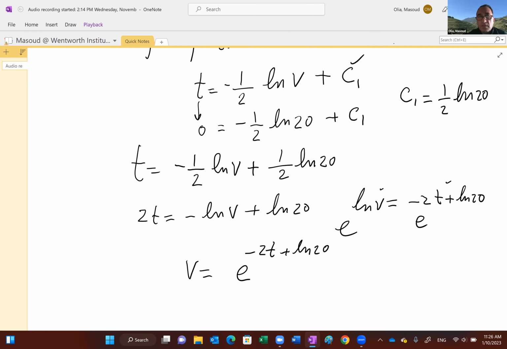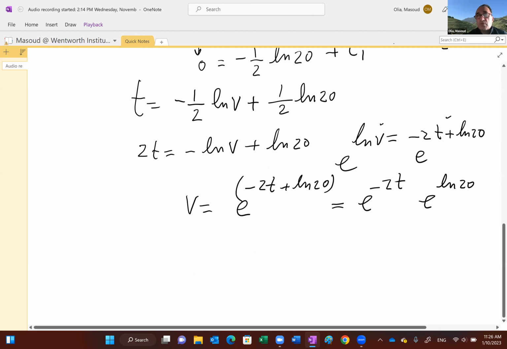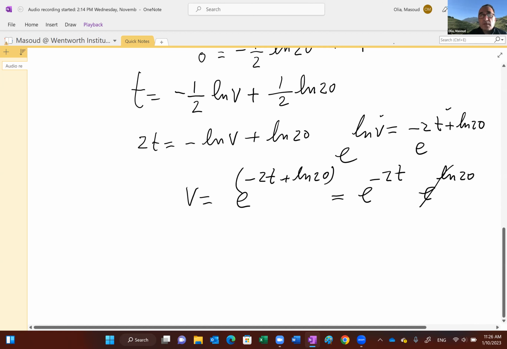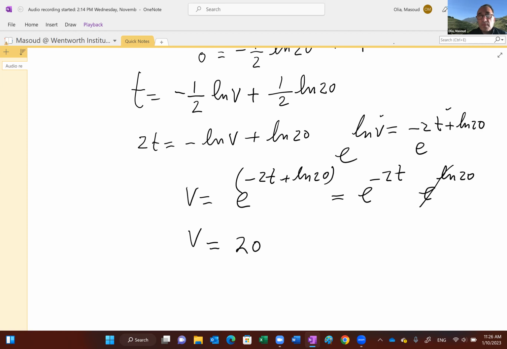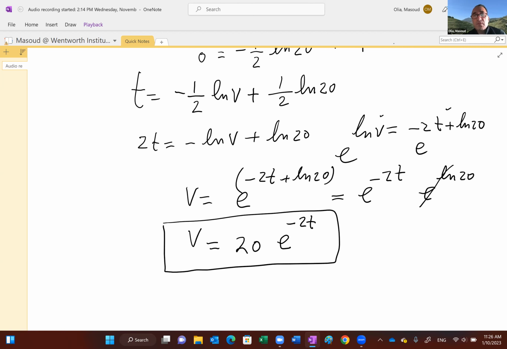You could leave it like that, but we can make it a little bit cleaner. You could break that into e to the minus 2t and e to the log 20, and of course, e to the log 20 becomes just 20. So v eventually becomes 20 e to the minus 2t. Here we go. So here's your velocity as a function of time.